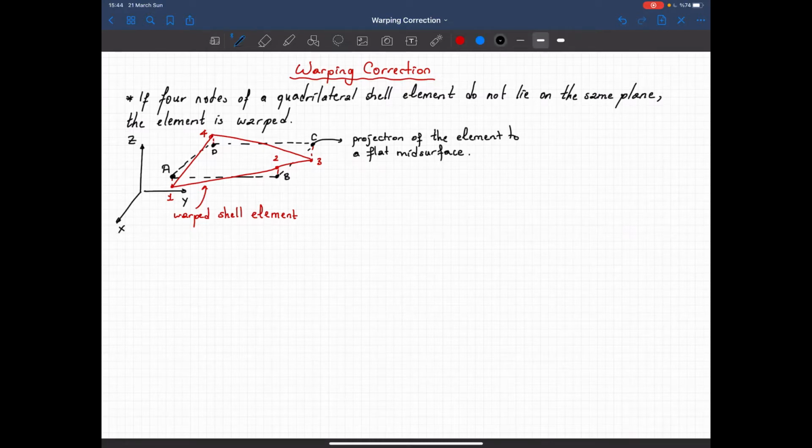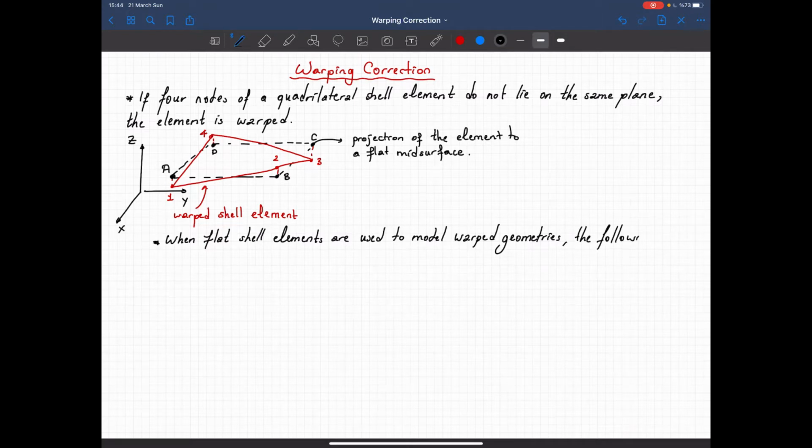So we'll say when flat shell elements are used to model warped geometries, the following procedure is utilized, let's say.